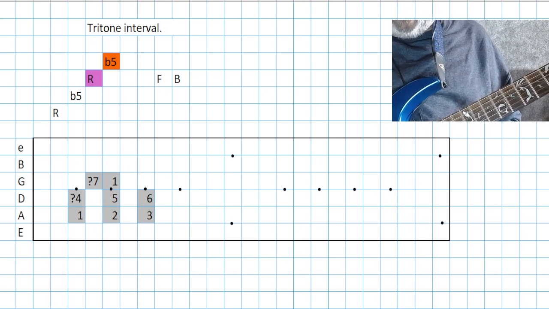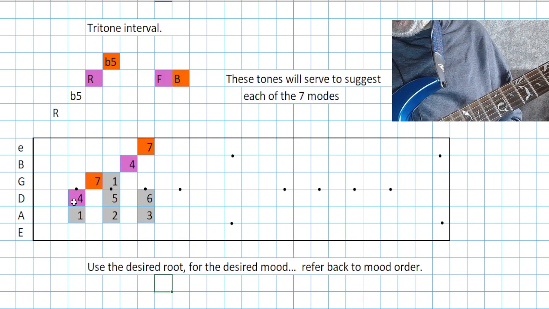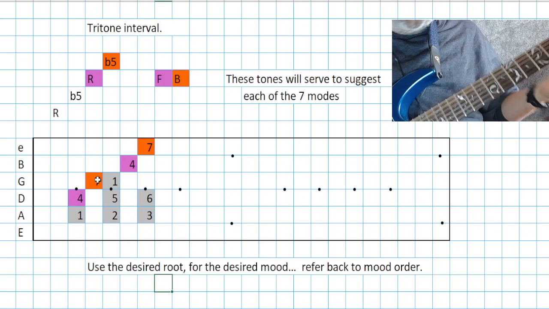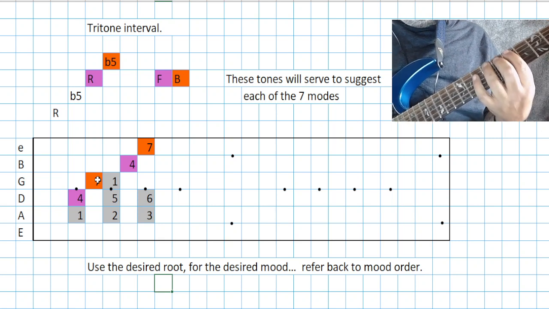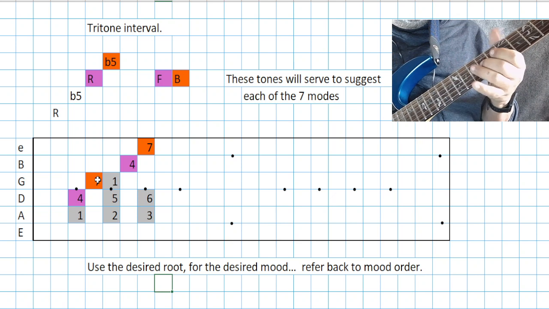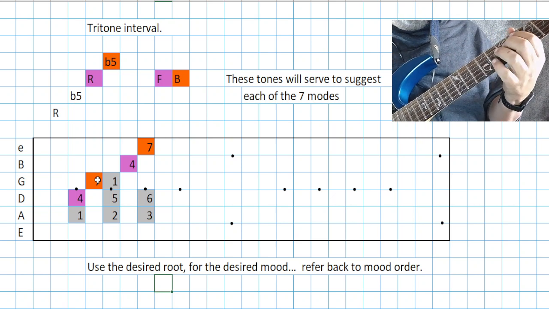So, for example, if we just played this 4 and 7, and this would work for any scale, slide this up the fretboard. We're starting on E. There's our tritone.